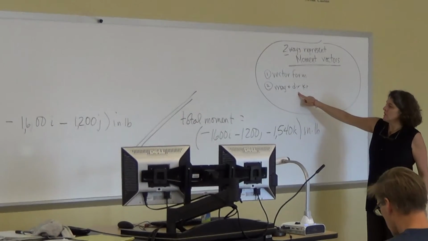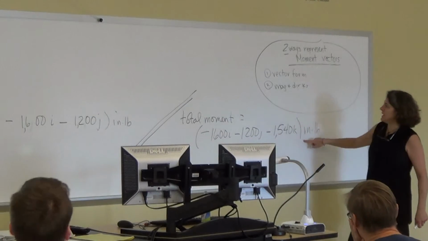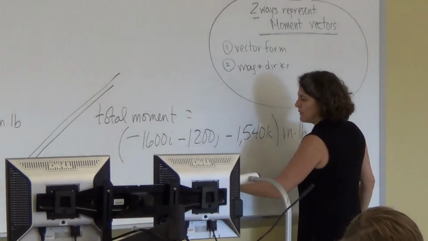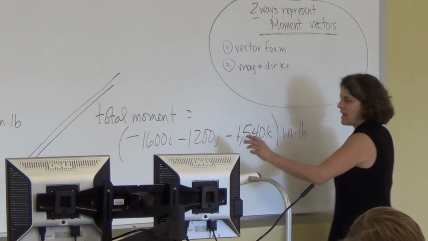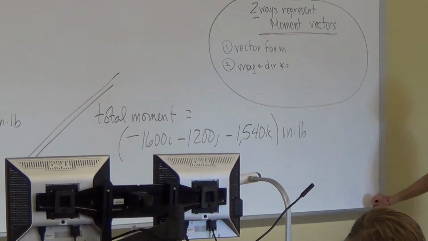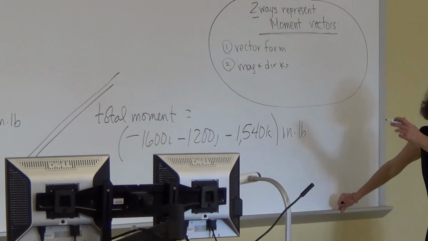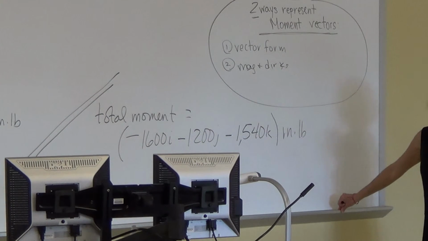So Jill, we have it in vector form, and now we have to find out what the magnitude is. What's the magnitude of this moment? How do I figure that out? I have the I, J, and K components. Whenever I ask a question in moments, think of it in terms of forces, if you're more comfortable with forces.